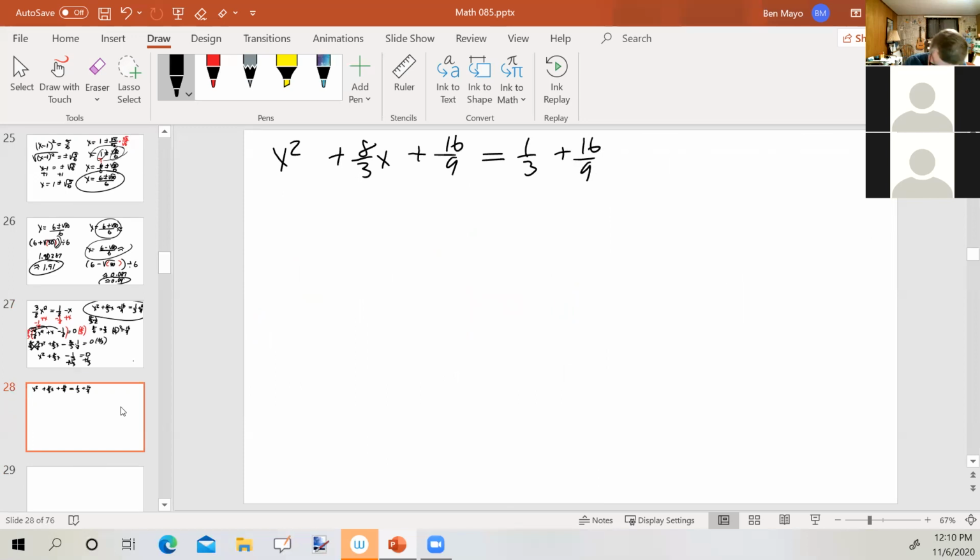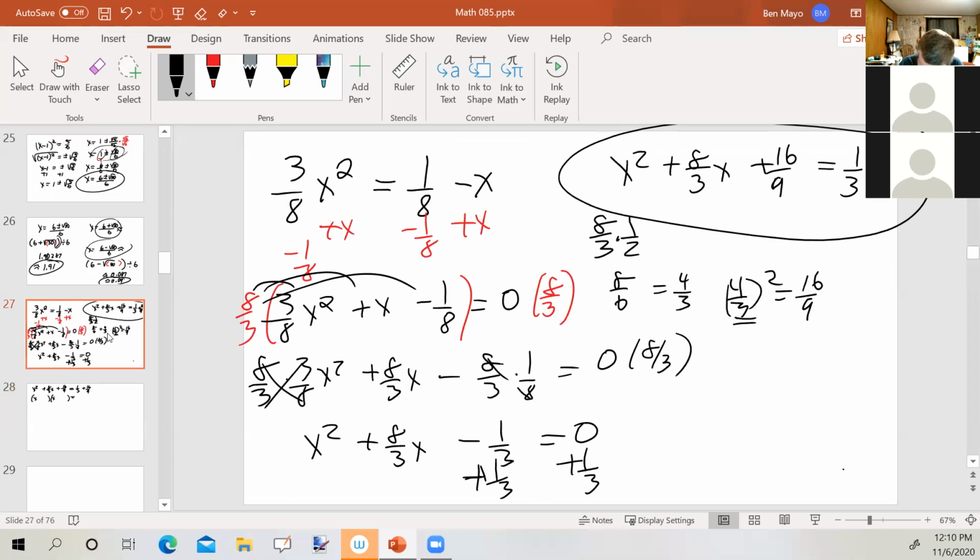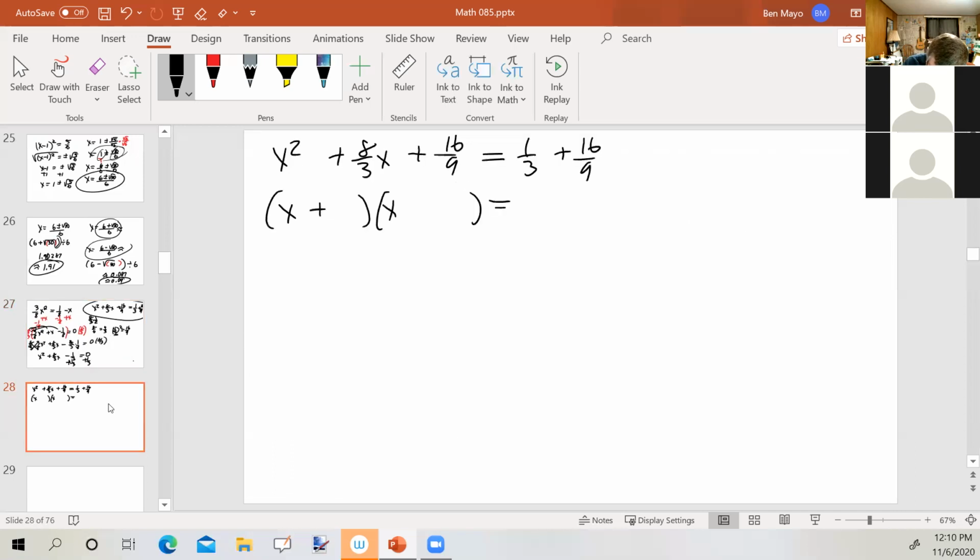Now, on the left side of the equation, I have a perfect square. And remember, this number that gets squared is the number that goes in here. And that's going to be x plus 4/3, the quantity squared.